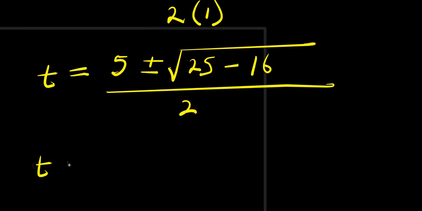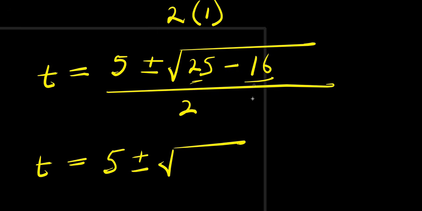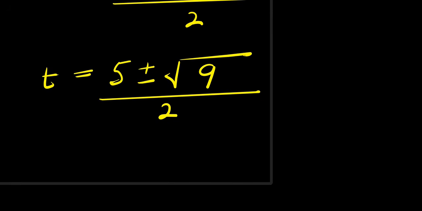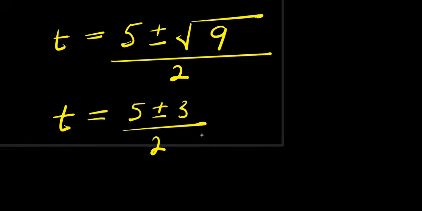So from here we have t equals 5 plus or minus square root of 25 minus 16, which gives us 9, divided by 2. From here we have t equals 5 plus or minus square root of 9, which is 3, divided by 2.